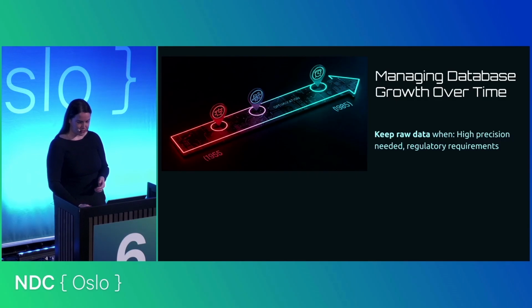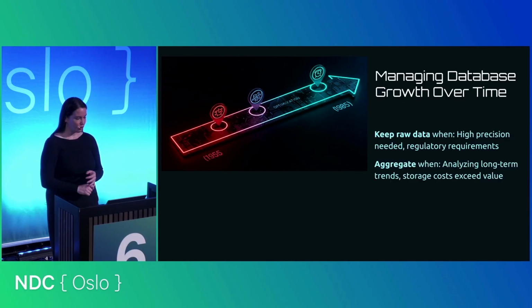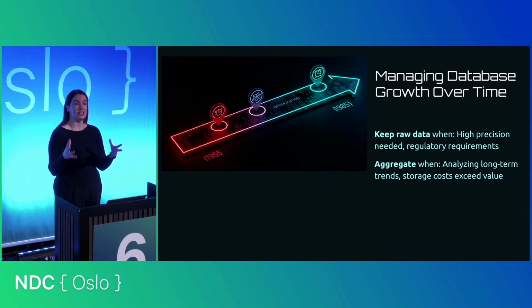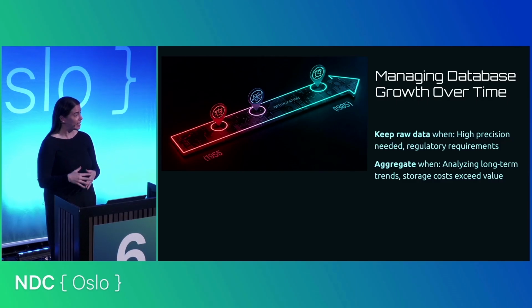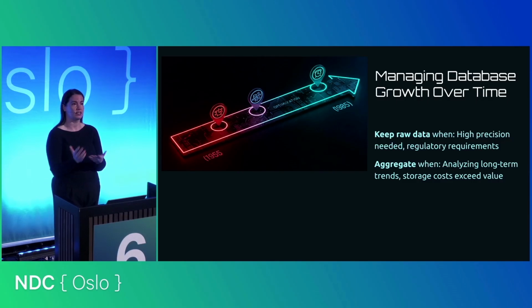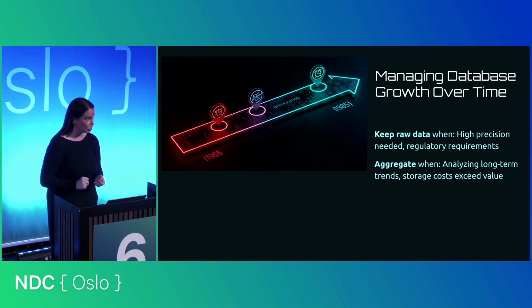There are several techniques for efficient data management here. You can aggregate it when you're analyzing long-term trends to take down your storage costs. For example, if you no longer need your real-time data because that day has passed, perhaps 24 hours after your real time, when are you going to want to look at it again?